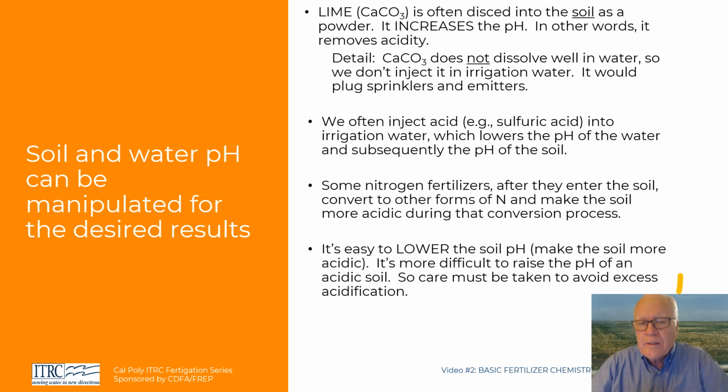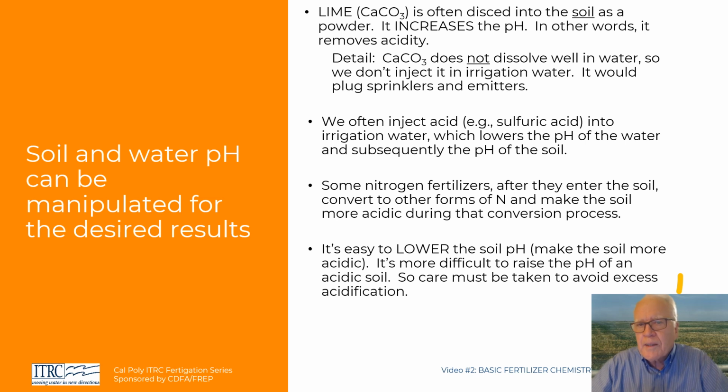The top one begins with what most people already know about, and that is if you are surface irrigating or sprinkler irrigating and you can get your equipment off the field and you have an acidic soil, it's common to apply lime. That's calcium carbonate. It's a real white substance. It can be very pure, and if it's almost like a powder and you disc it into the top 6 inches, you can change the pH.